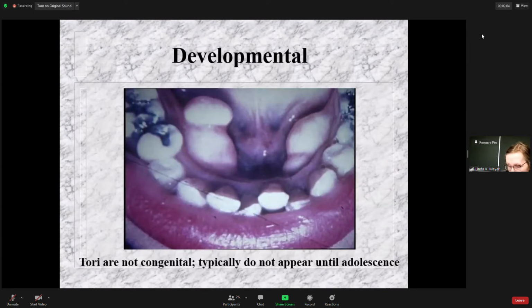Now, an example of a developmental anomaly that doesn't show up at birth are tori. Okay, tori are not typically seen at birth, and these bony protuberances tend to appear at adolescence and grow even in young adulthood.